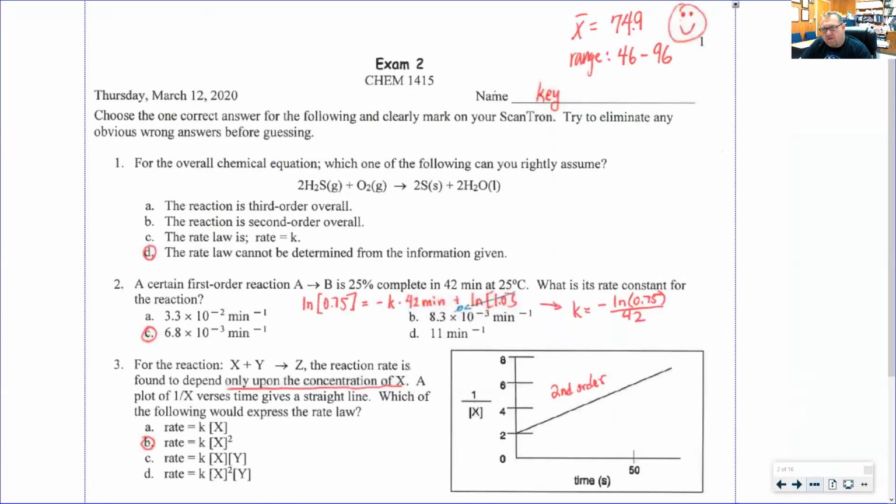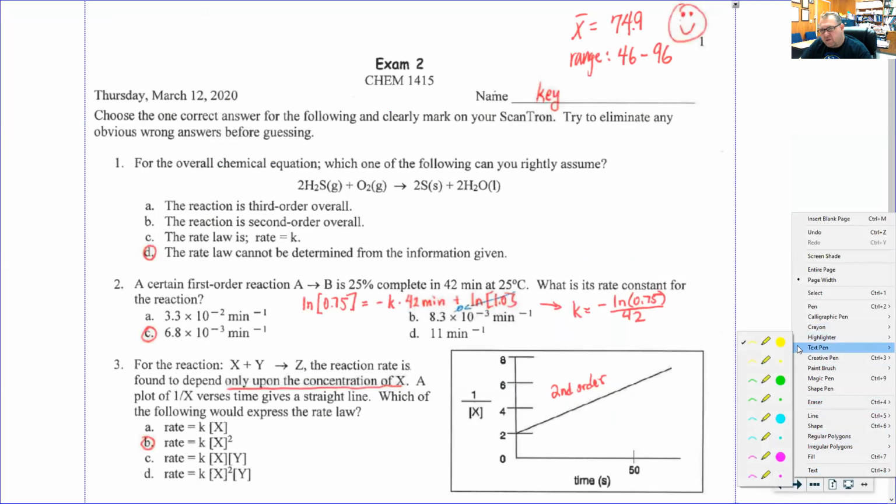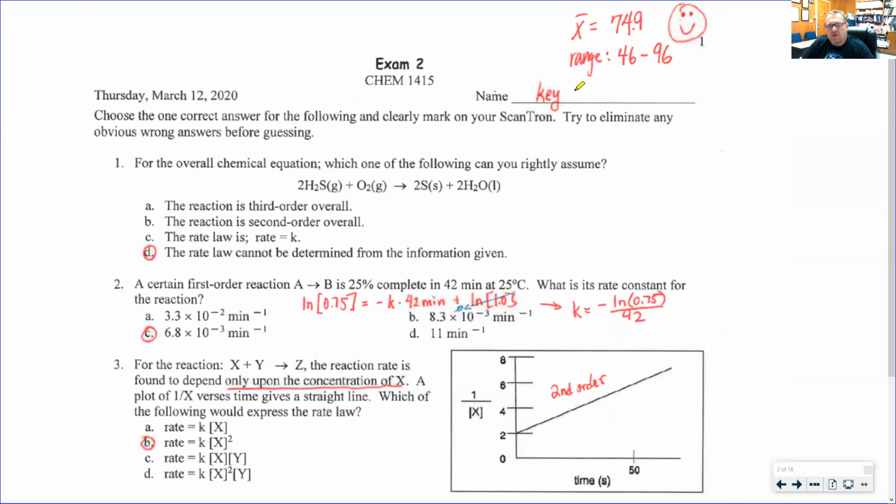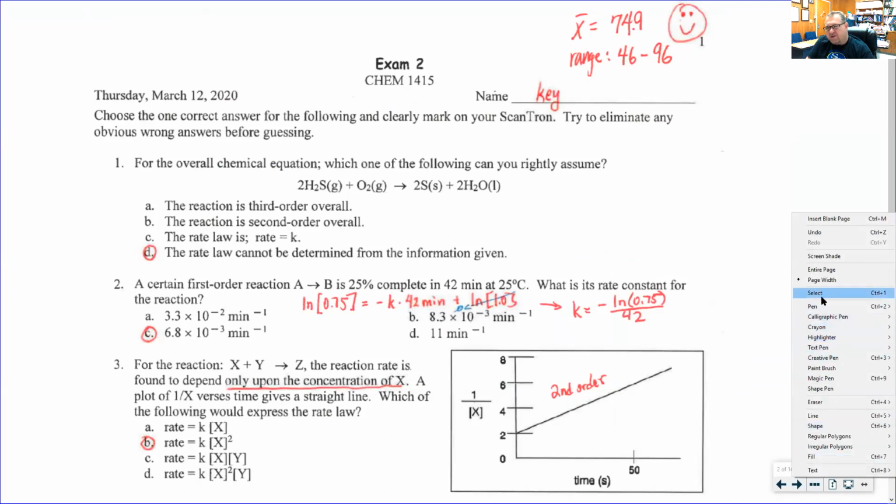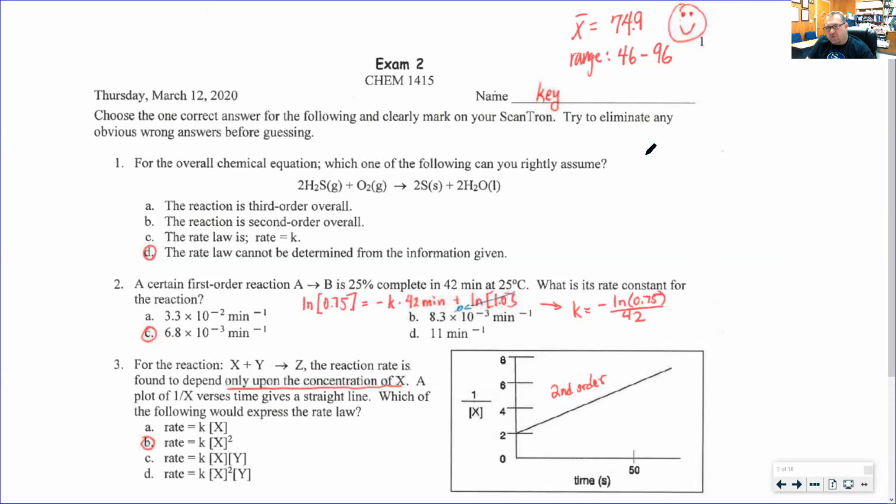Let me tell you how I modified it just a little bit. When I went back and went over the exam, I thought that maybe there were a couple of questions that were harder. There were more difficult questions than I normally have on an exam. So the way that I adjusted your exam score, and you'll see it on the exams that I've sent out to you, is that there were 25 multiple choice questions on the exam, worth 3 points apiece.